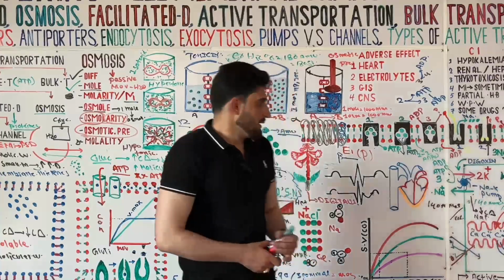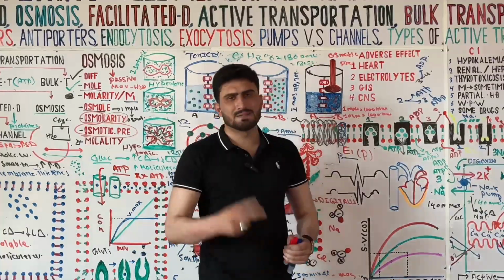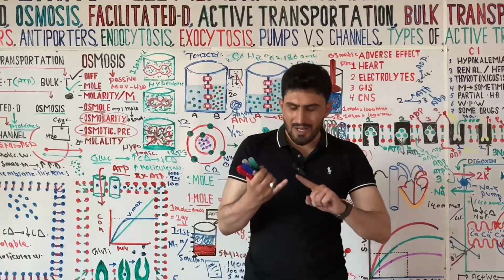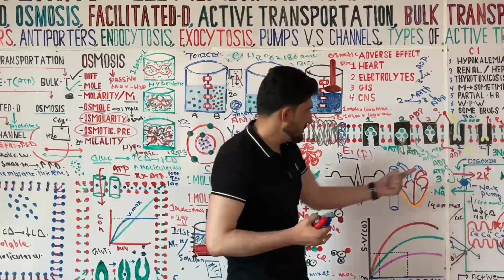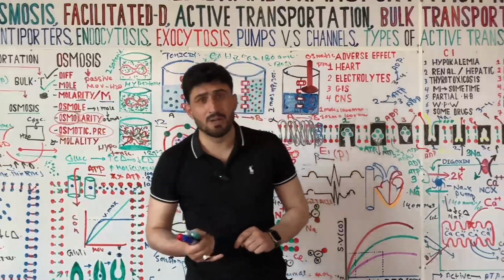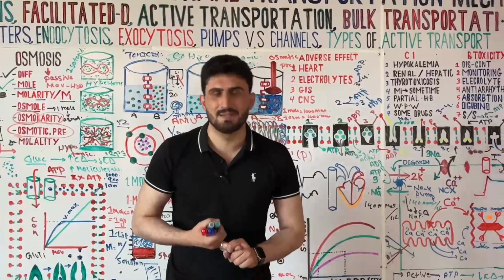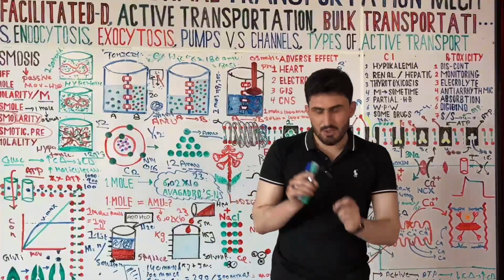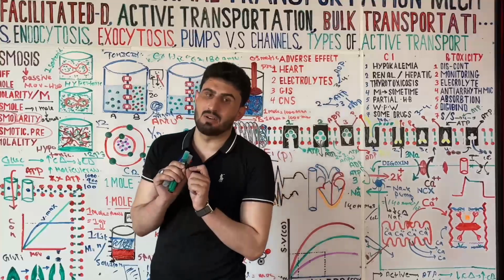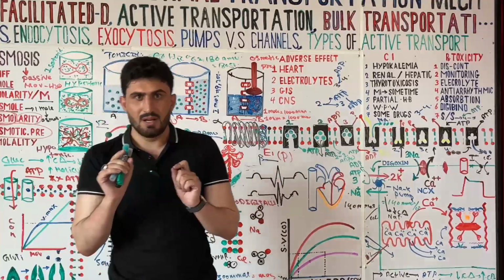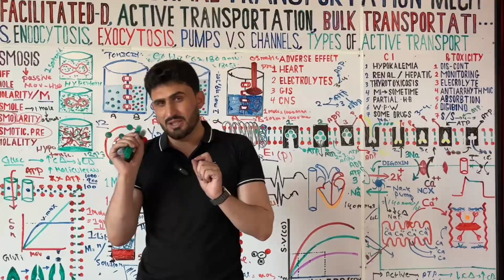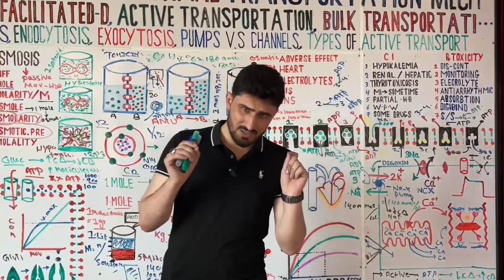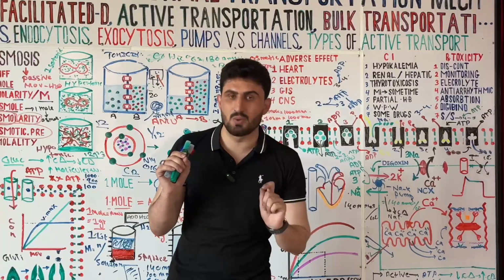Here we have two important drugs in this category. One is called digoxin, and another one is called digitoxin. There is a little bit of difference between them. First, digoxin is a short acting drug and digitoxin is a long acting drug.